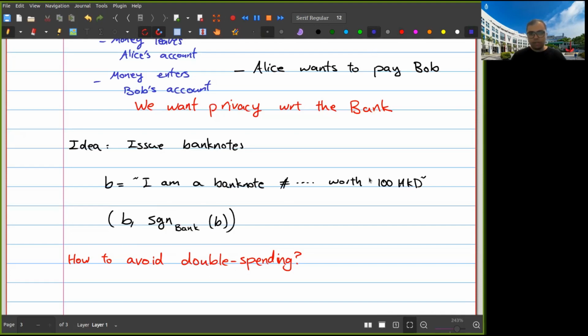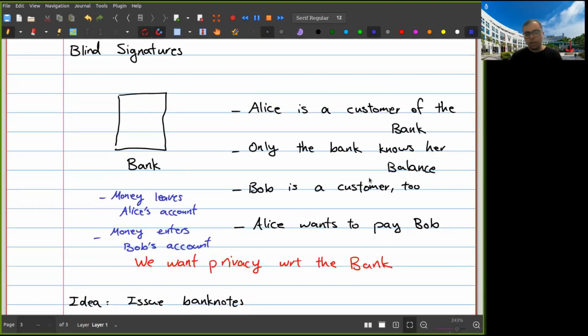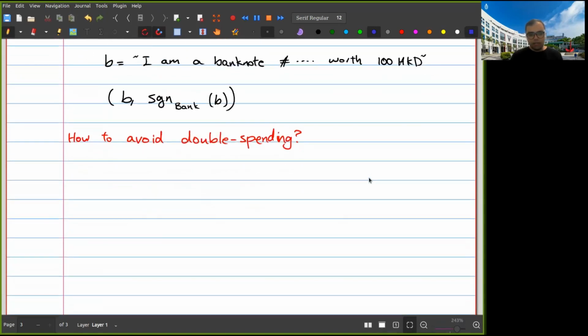And well, the answer to this is that since we have a central bank, the bank can just keep track of this for us. So the way we avoid double spending is by depositing immediately. So what this means is that whenever I receive a banknote, I immediately go to the bank and deposit it into my account.